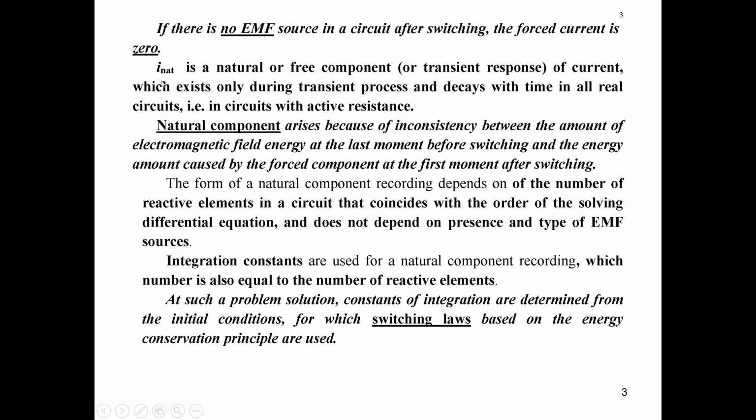And this component exists only during transient processes, and it decays with time in all real circuits, and this is due to the presence of active resistance of the circuit. So this component will be equal to 0 when we consider the mode t tends to infinity.